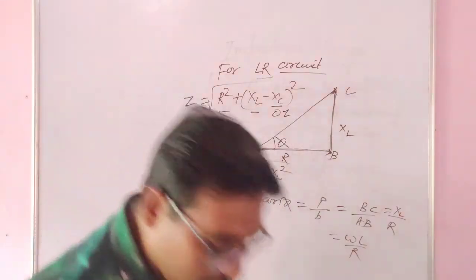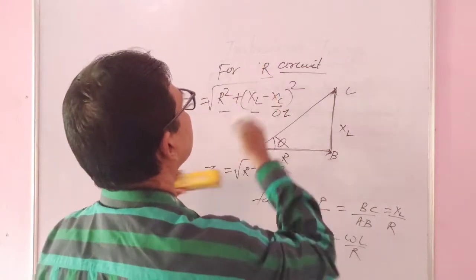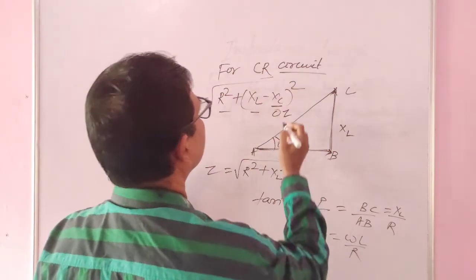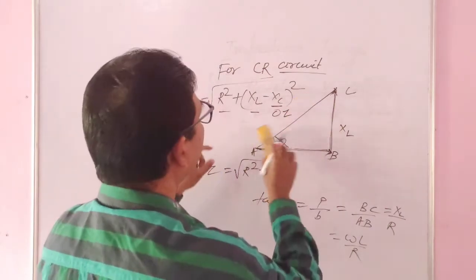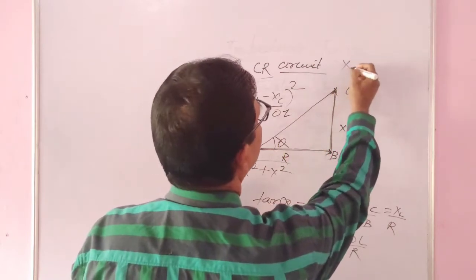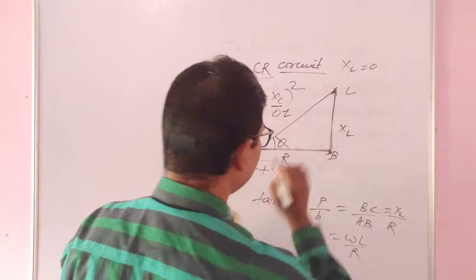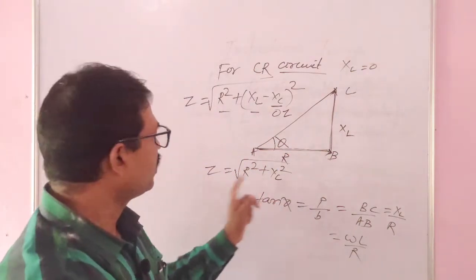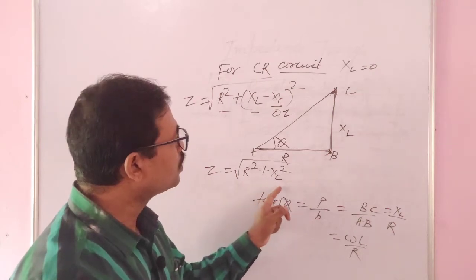Now if it is a CR circuit, what will happen? For a CR circuit, XL is 0. So you will get XC, and impedance becomes R square plus XC square under the root.